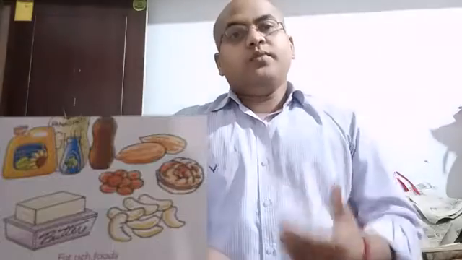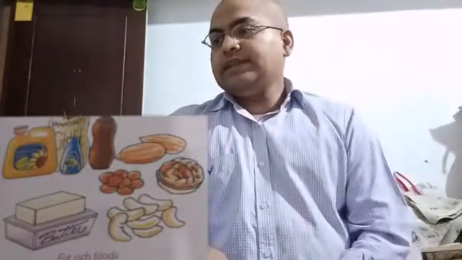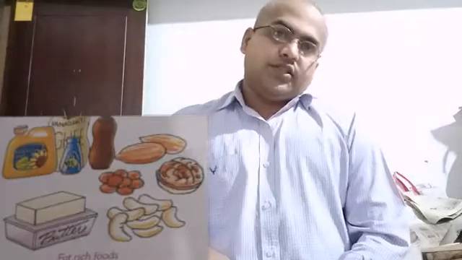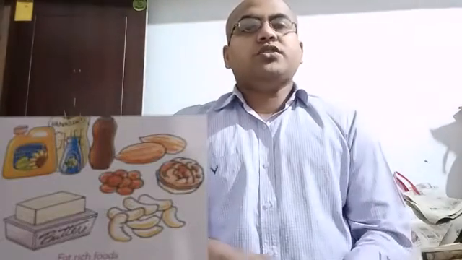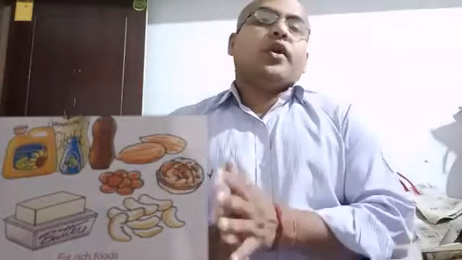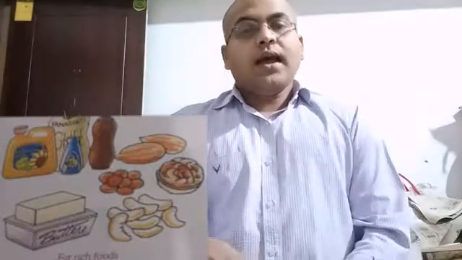Now we can move to the long question, question number 2: Explain the process of digestion. Digestion is the process in which complex foods are broken down into simple foods and then absorbed by our body. This process starts from our mouth.